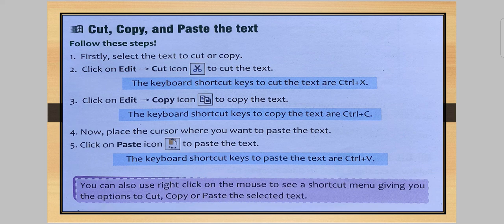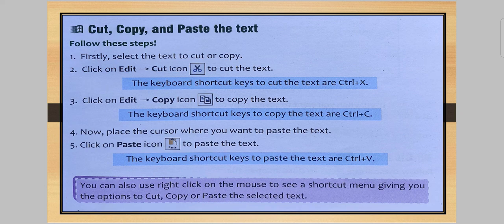Next is click on the Edit, then click on the copy option. Here you can see the copy option is here. When you need to copy any text or anything, you need to click on this icon, and you can also use the keyboard shortcut key to copy the text, which is Ctrl plus C. Now place the cursor where you want to paste the text. Click on the paste icon, and here you can see the paste icon is here.